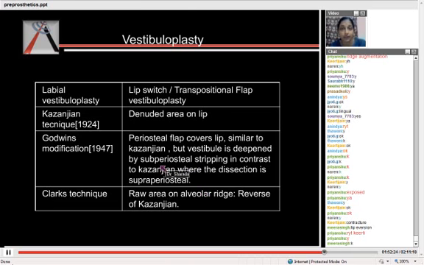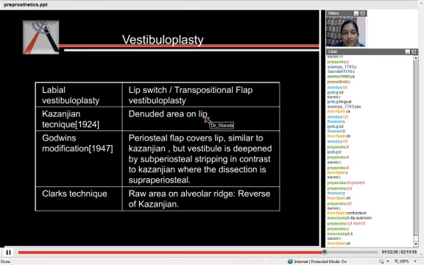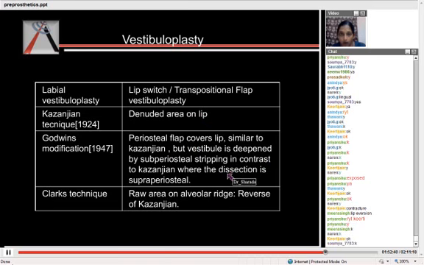The periosteal flap covered the lip and the lip flap covered the periosteum. Understood? So nothing was left raw.